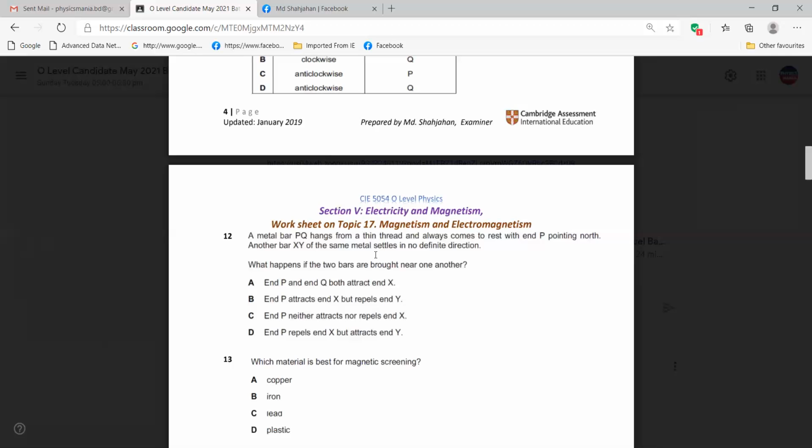Sir, how do we know that this is a magnetic material? A very good question, and actually I wanted to ask you this question. I wanted you to think and say why it is a magnetic material. Because without magnetic material, you cannot make a magnet.